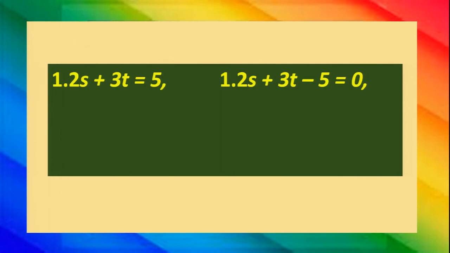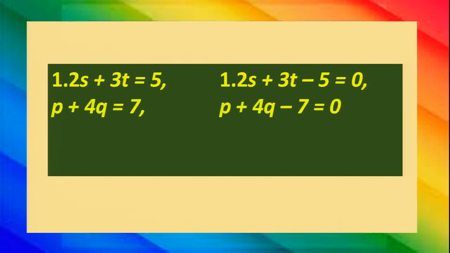If we compare this with the previous one, that is ax plus by plus c equal to 0, just think s in place of x and t in place of y, then a is 1.2 here, b is 3 and c is minus 5. Let's consider the second one, that is p plus 4q is equal to 7. Here also just think that in place of x think p and in place of y think q, then we have p plus 4q minus 7 equal to 0.